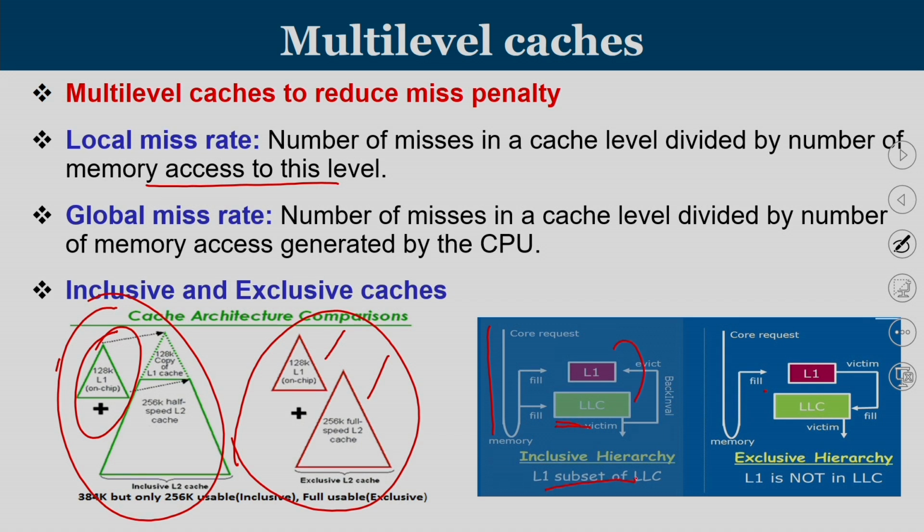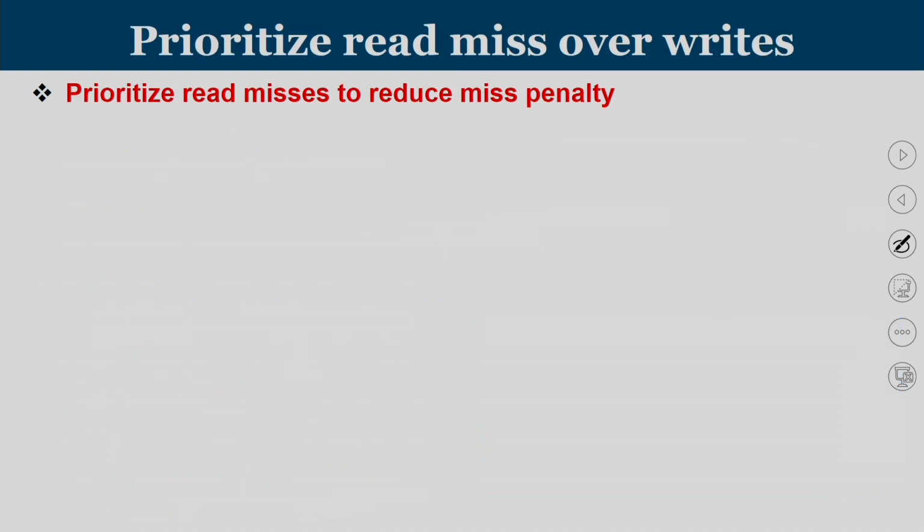L1 is actually a subset of the last level cache. But in the exclusive case, whenever there is a request, the request comes directly from memory, rather than filling up in the last level cache, it is directly filled into the first level cache. Evictions happen from there into the last level. So, L1 is not in the last level cache, that is called an exclusive cache hierarchy.